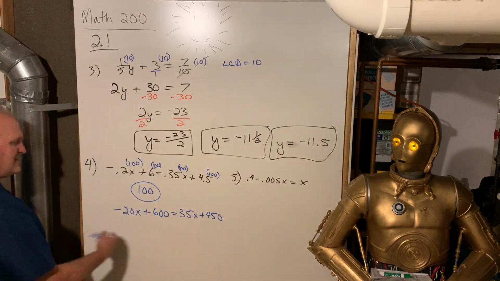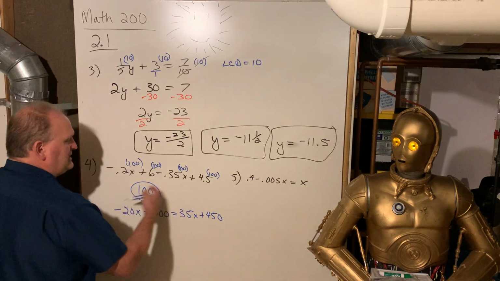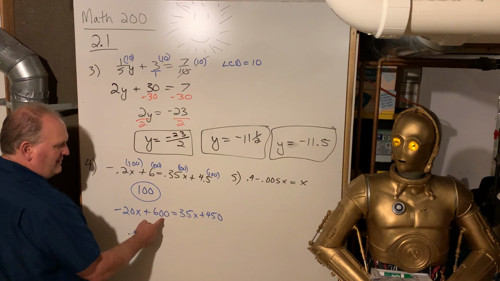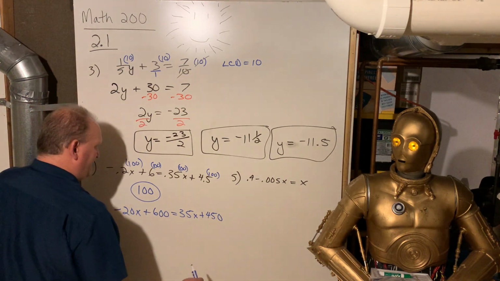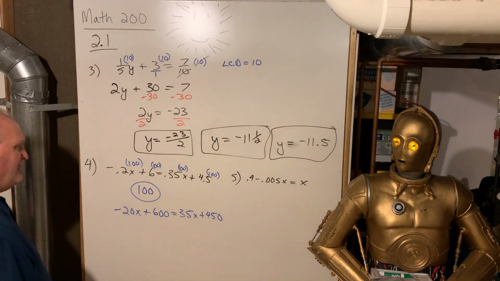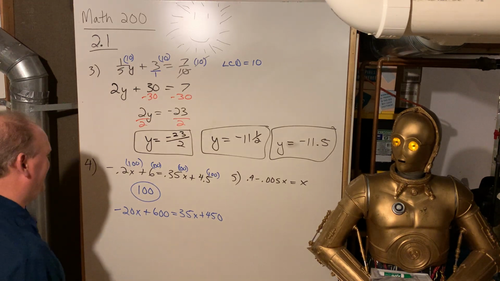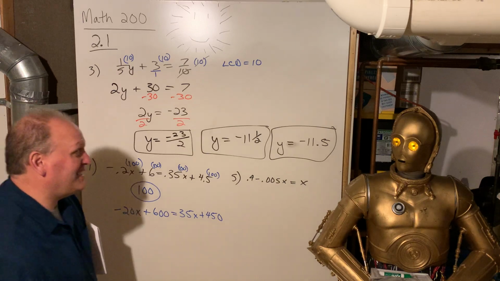And so here's the trade-off. I don't have any decimals, but I'm working with larger numbers now. I got 600 in there and 450 in there, and I don't know. It's fine. If you want to do it, that's fine.